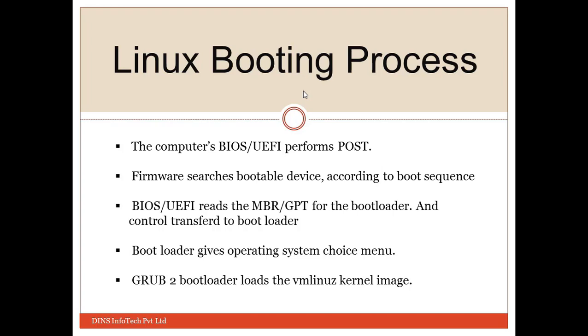What it does is check whether all the components connected to the system are working or not by sending a small signal called the power good signal. If all the connected components are working properly, the firmware searches for a bootable device according to the boot sequence given in the firmware.